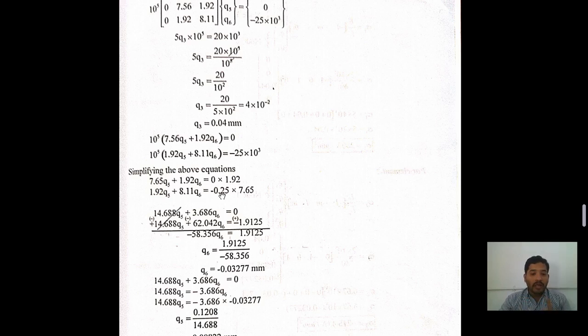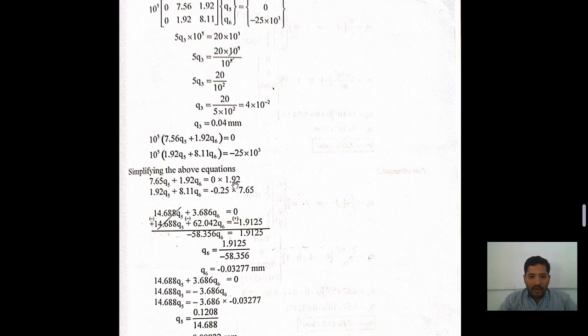Then how to multiply, that is the most important. Always remember, you just have to take the first value and cross multiply here. This first value 1.92 multiplies with the above equation, and this above value 7.56 you multiply with the bottom equation. Clear?